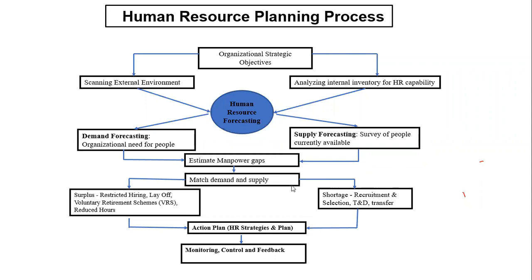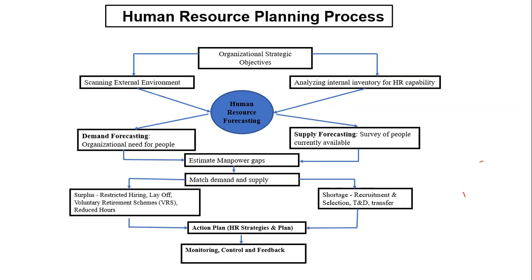In the same vein, assuming our demand forecasting resulted that we will need 50 workforce to help us achieve competitive advantage, but our supply forecasting showed that we have 70 workforce, then it means that there is also a problem.